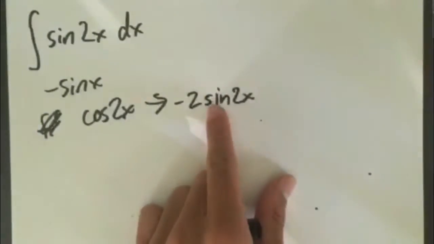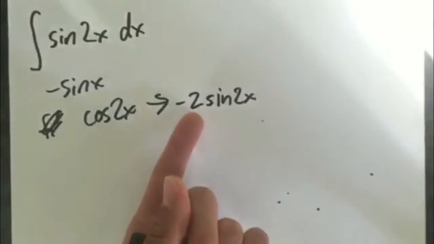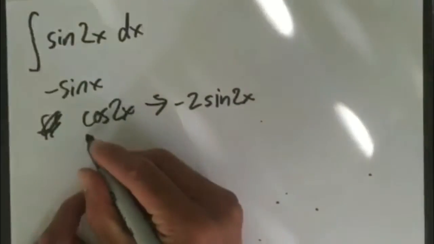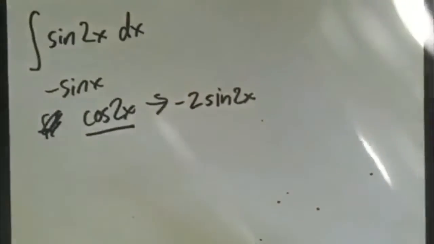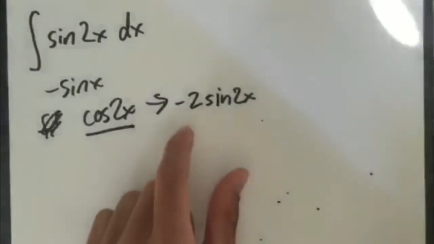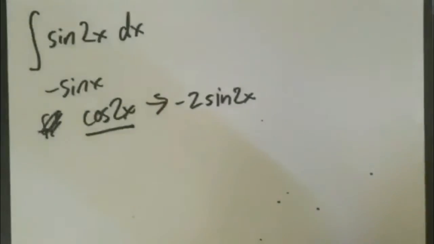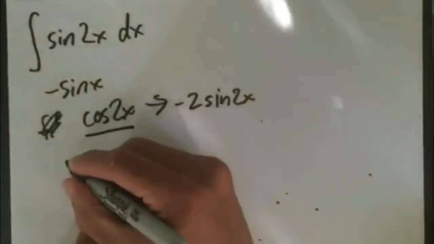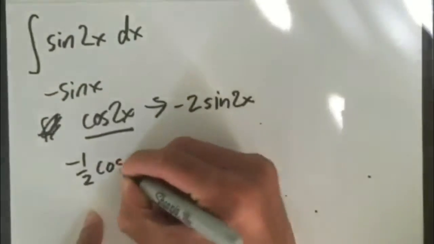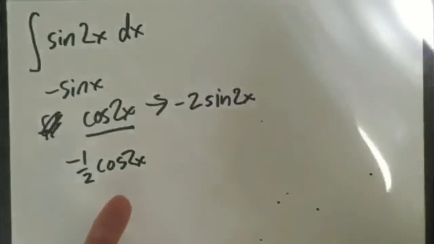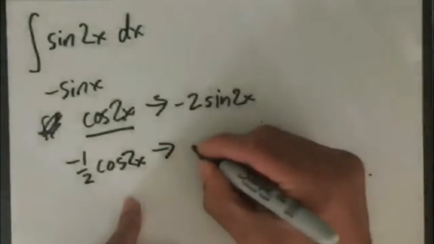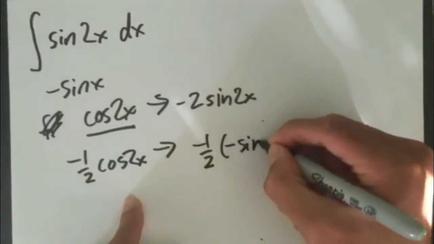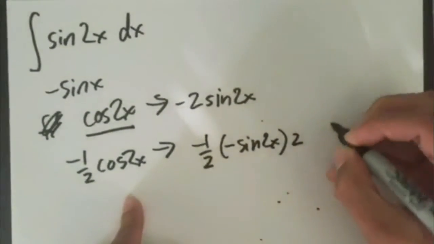We've got the sine of 2x, right? We just need to get rid of the negative sign as well as the 2. So looking back at our original cosine of 2x, let's see what we can do to eliminate the negative 2. So one way we could look at it is adding a constant at the front. So if we try negative 1/2 cosine of 2x and then take the derivative of that, we will get negative 1/2 multiplied by negative sine of 2x multiplied by 2.